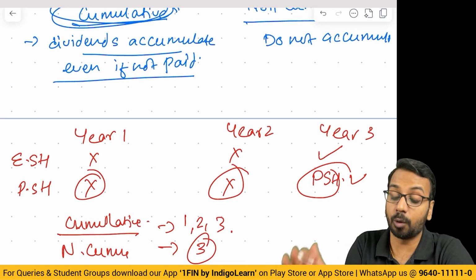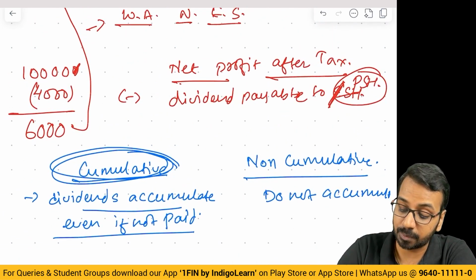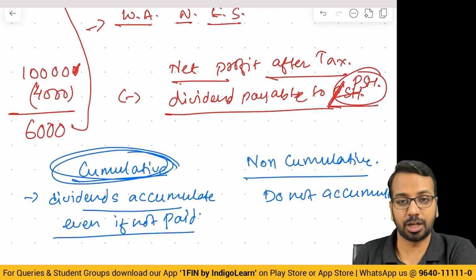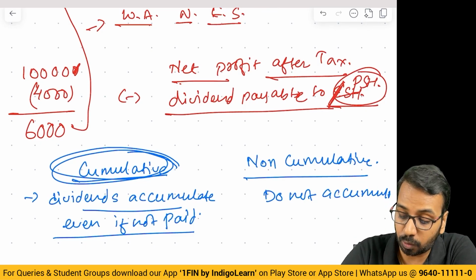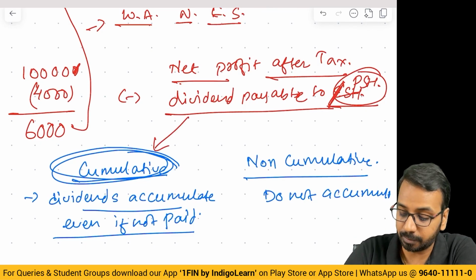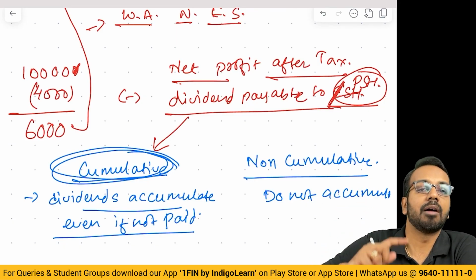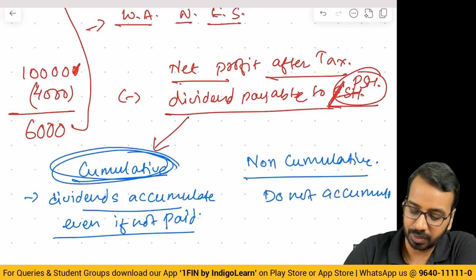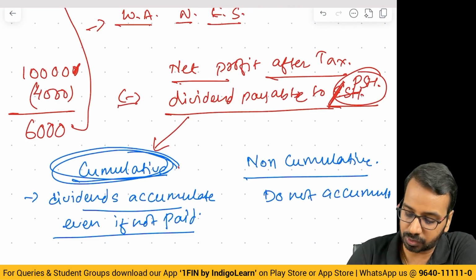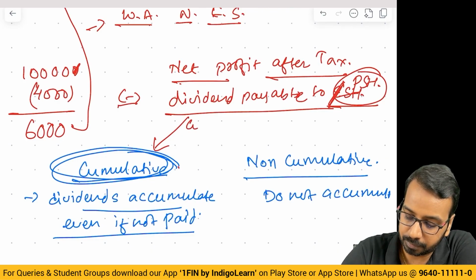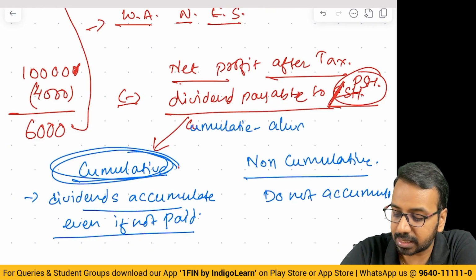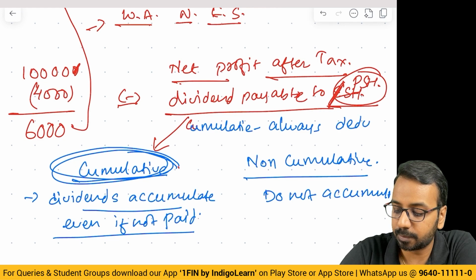Now how is it relevant? It is relevant because this dividend payable to preference shareholders, if the preference shares are cumulative in nature, then whether or not paid, please remember this line, whether or not paid, you have to deduct. Meaning to say for cumulative, you will always deduct.